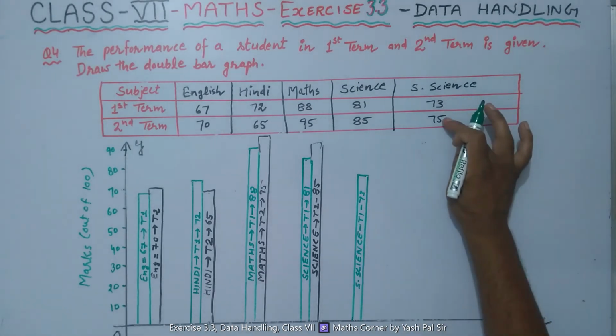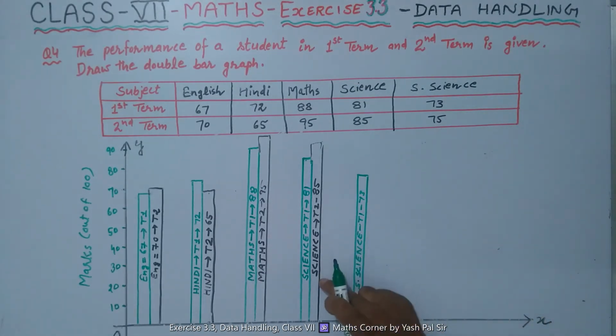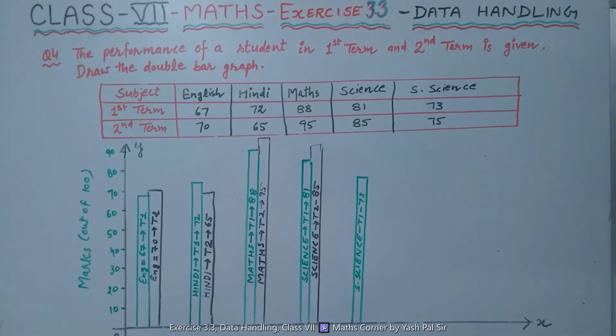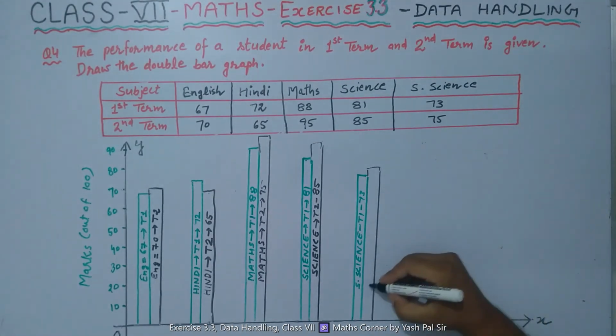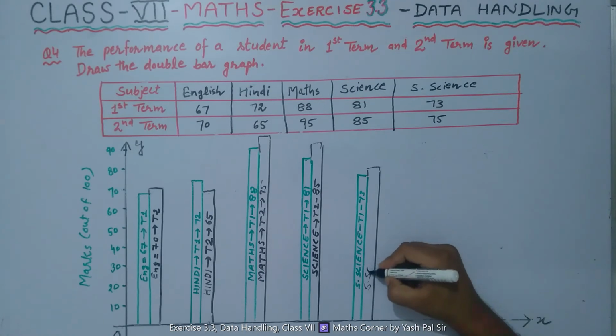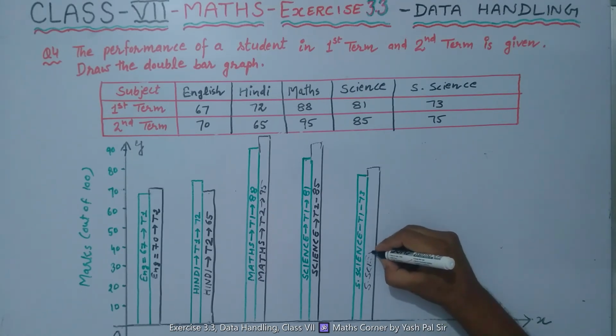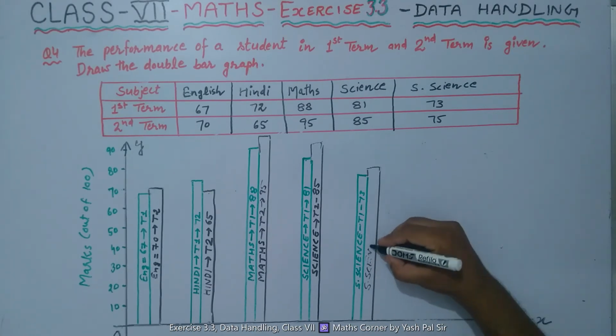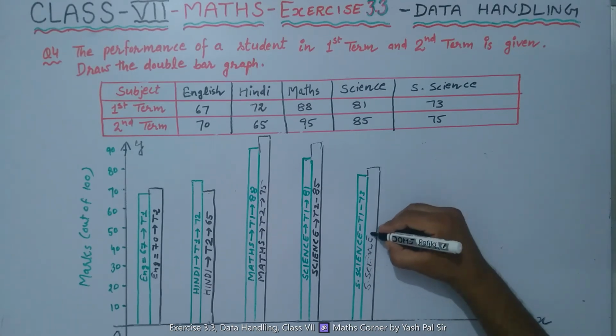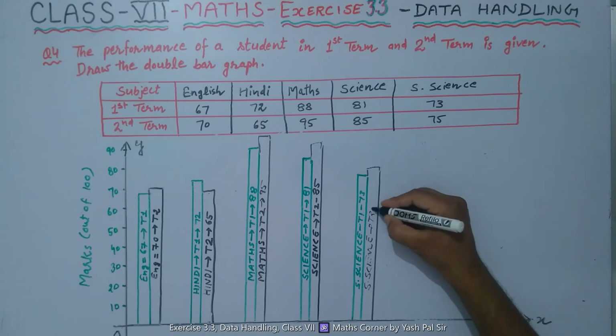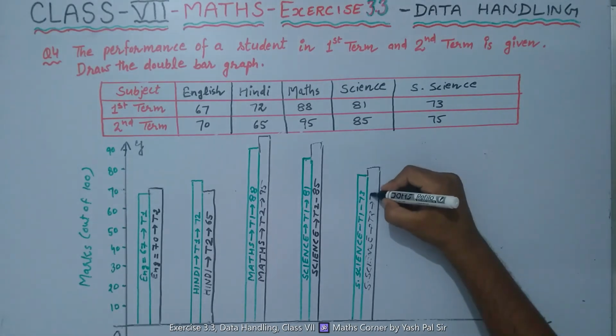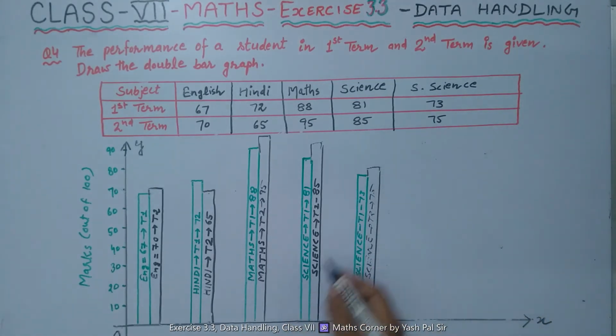Next one is 75 marks in term 2 with black pen. This way we have social science, term 2, 75 marks.